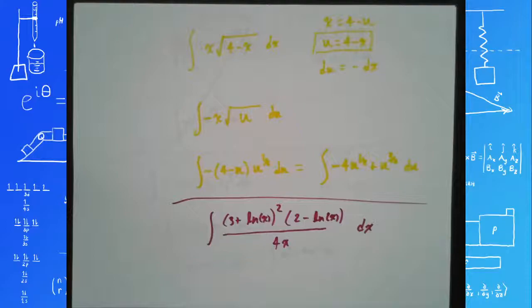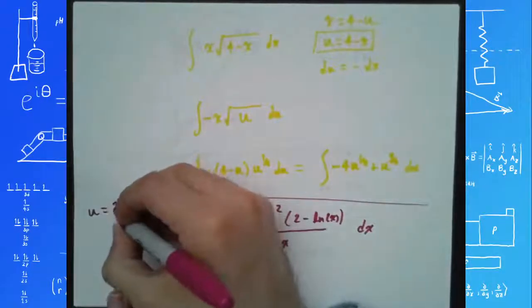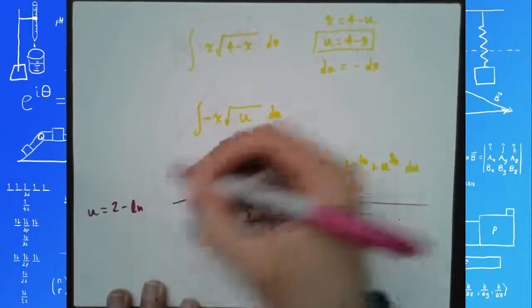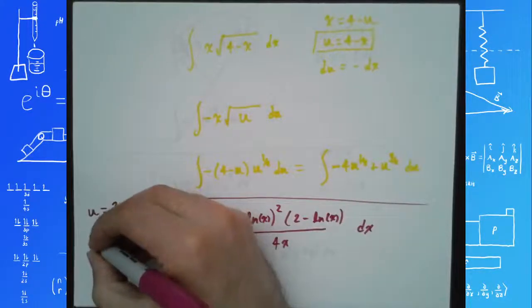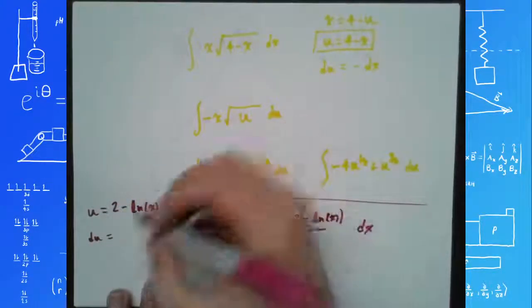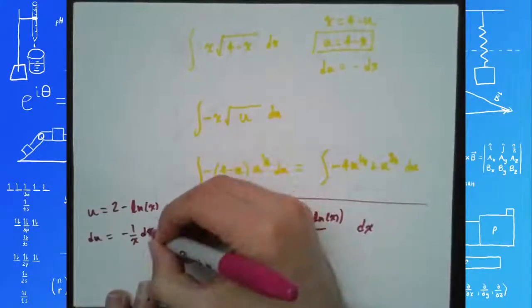I'm going to try the 2 minus natural log of x first. U equals 2 minus natural log of x. That would give us du equals negative 1 over x dx.